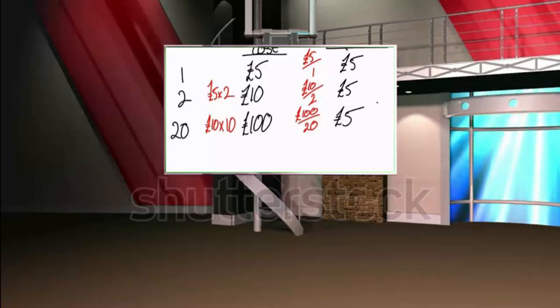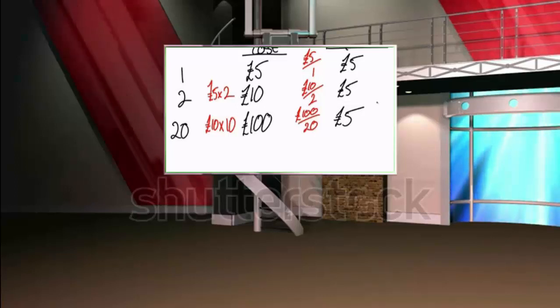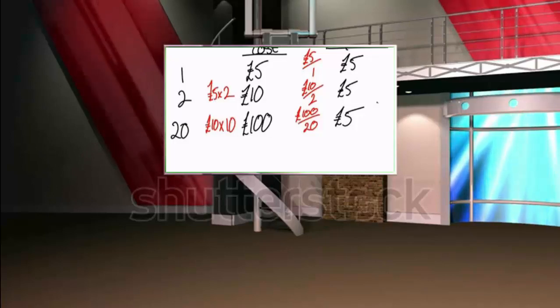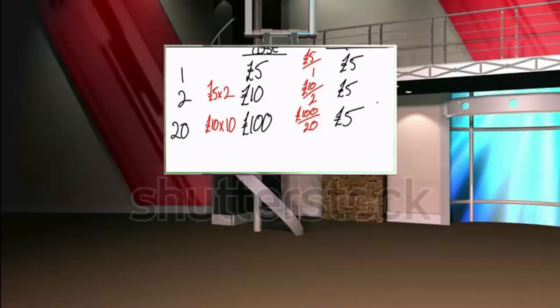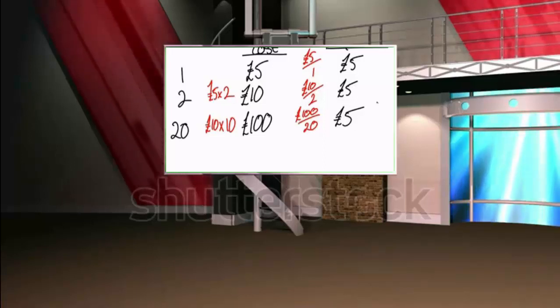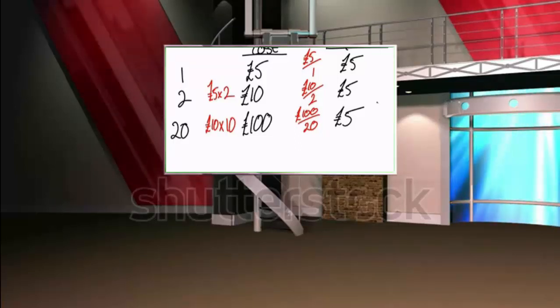The variable cost per unit is the additional expense or cost we incur each time we produce another unit. So total variable cost increases or decreases in proportion to level of activity. Variable cost per unit is constant.